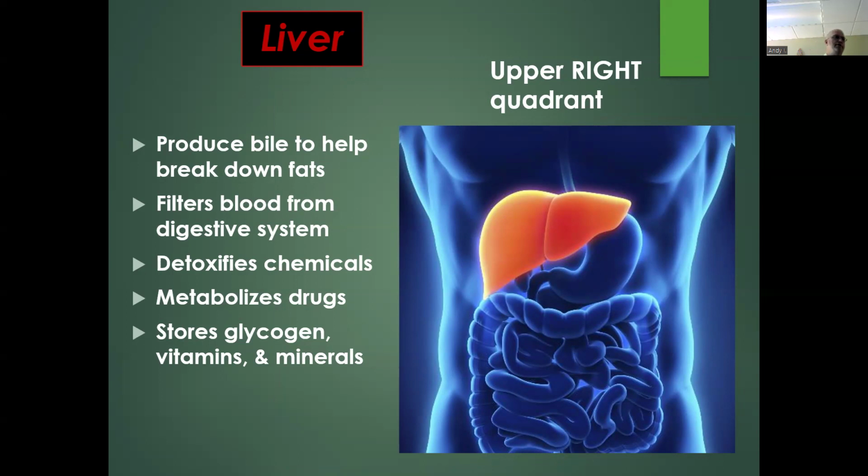It produces bile, breaks down fats, filters blood from the digestive system, detoxifies chemicals, metabolizes drugs, and stores glycogen, vitamins, and minerals. It's a solid organ. When it's a solid organ, it's full of blood vasculature. If it's injured, that could be bad because a lot of bleeding can happen.